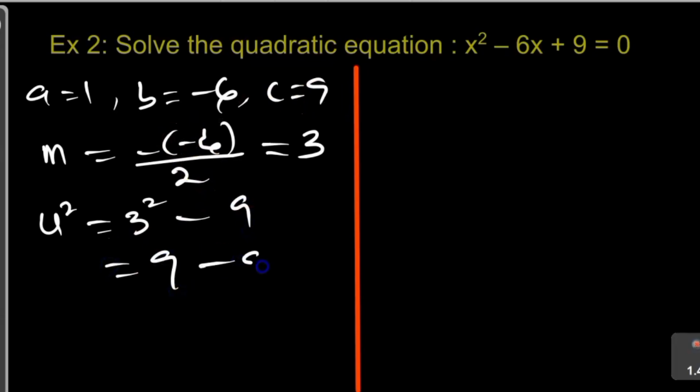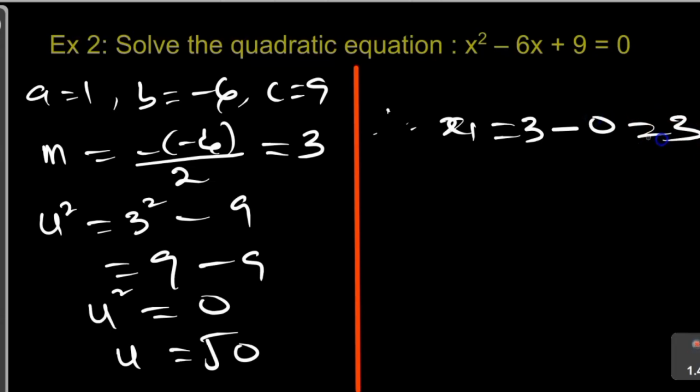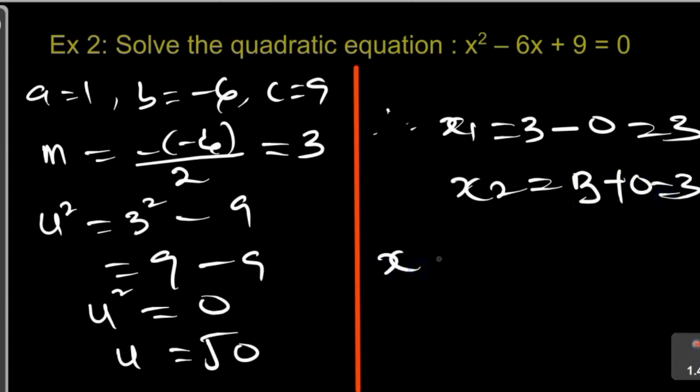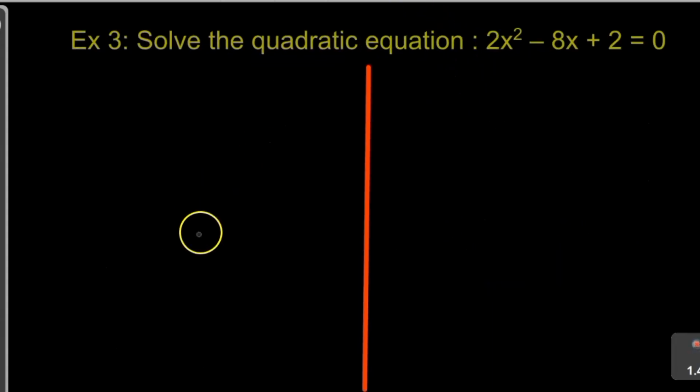So I have 9 minus 9, so U squared is equal to 0. So U is the square root of 0. Therefore, x1 is equal to M minus U, which is 3, and x2 is M plus U, so x is equal to 3, a double root. Okay, let's see the next problem.